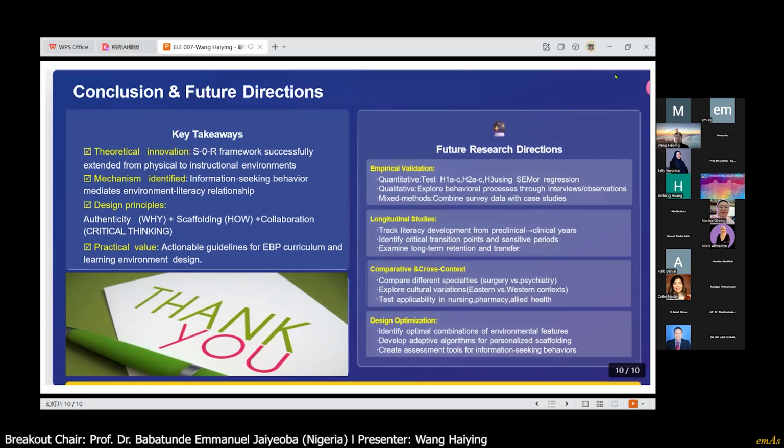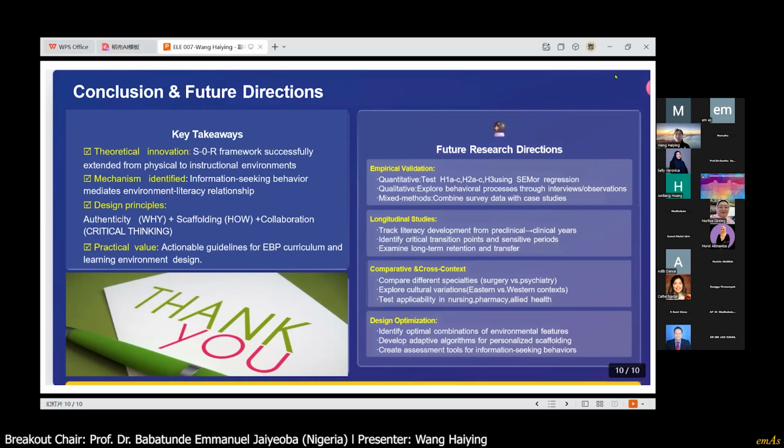Okay, for this research, the problem statement is focused on how to design the environment to develop medical students' information literacy. We focus on China's undeveloped areas because in those areas the technology foundation is not very good, the resources are very limited, and the economy is not very strong.